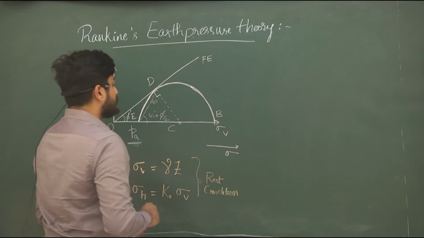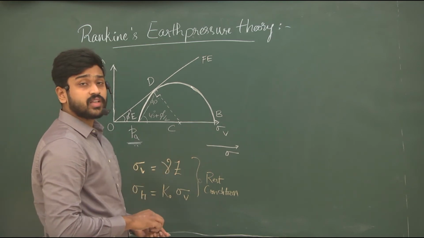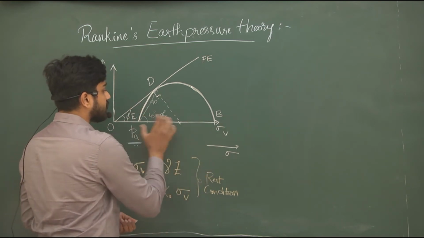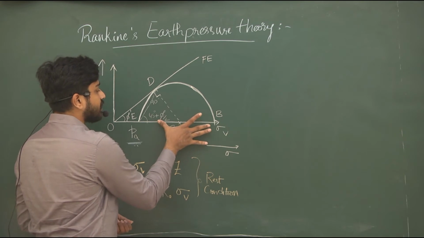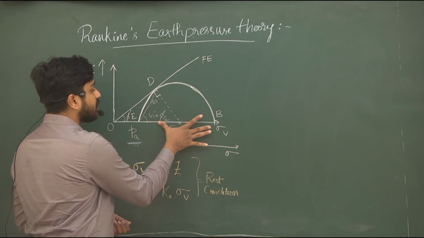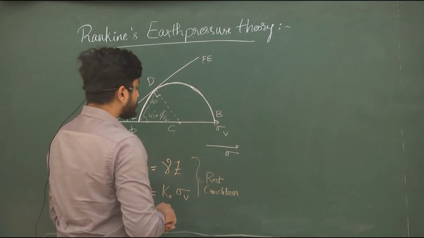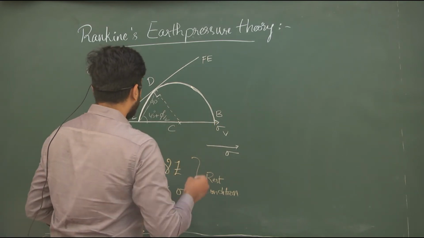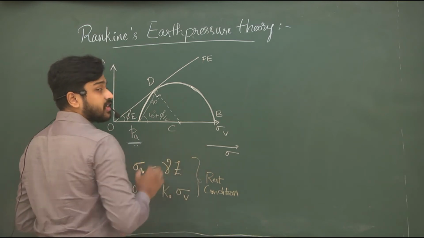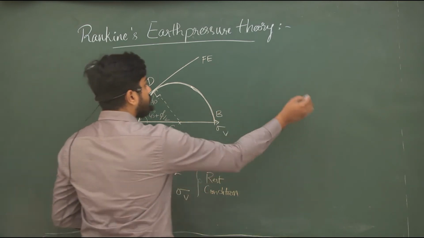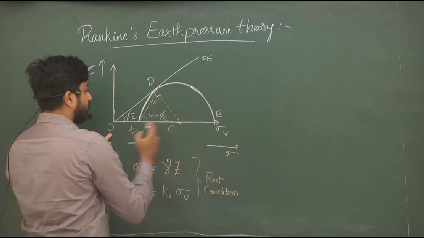If you look at this particular Mohr circle, since it has now changed, previously it was somewhere in this manner, let this be the diameter, now it has increased to this value. Looking at this Mohr circle, what is our sigma v from the origin?